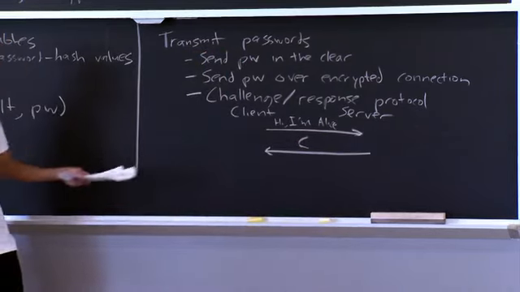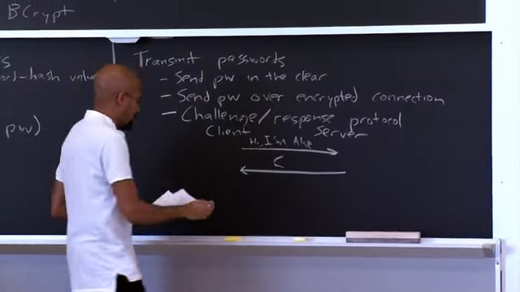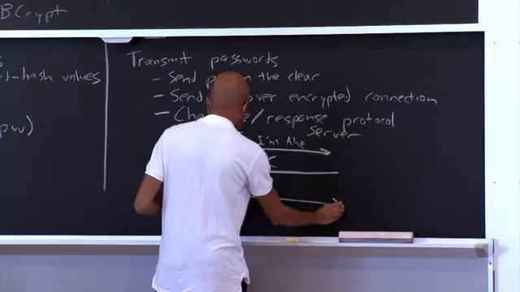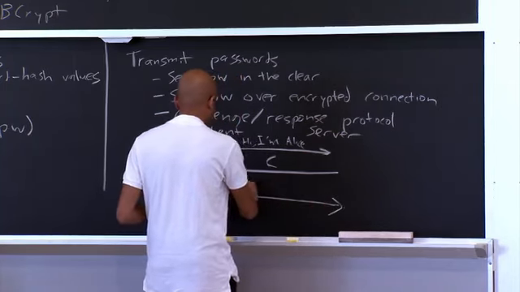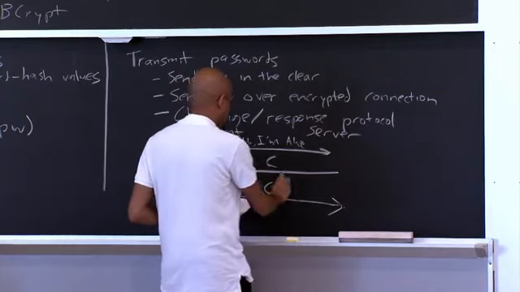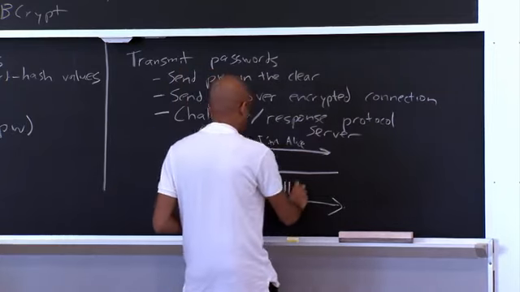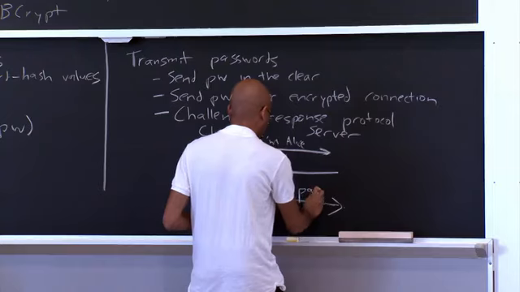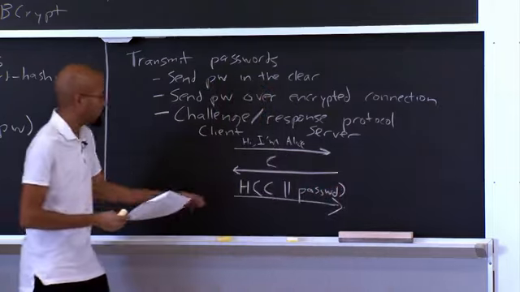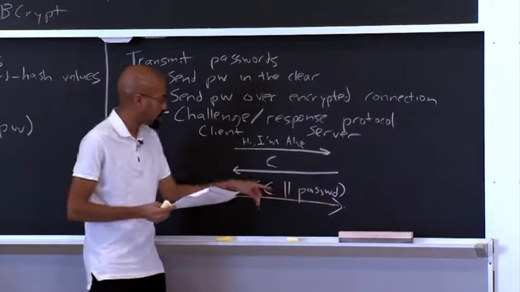Some quantity that the server got to pick. And then the client is going to respond with the hash of that server-sent challenge, concatenated with the password, right?